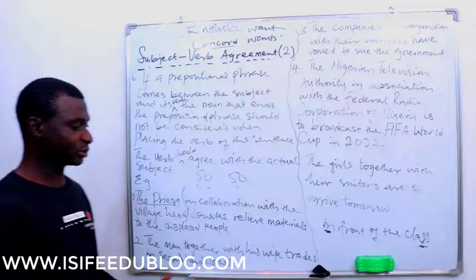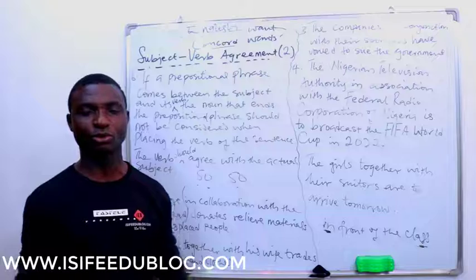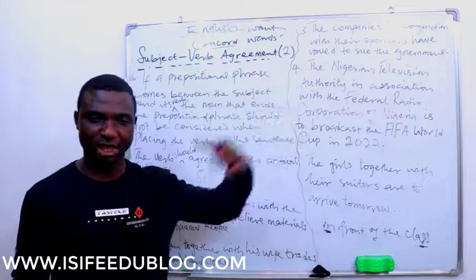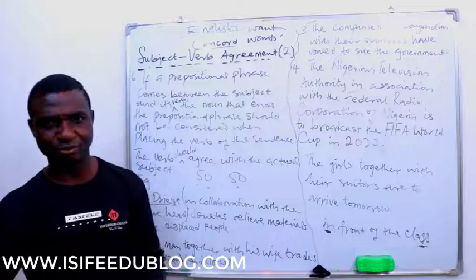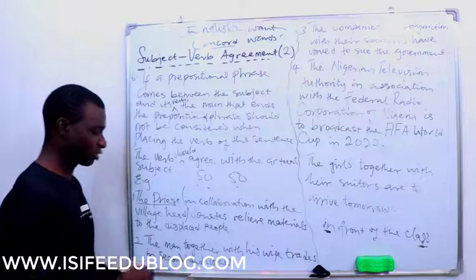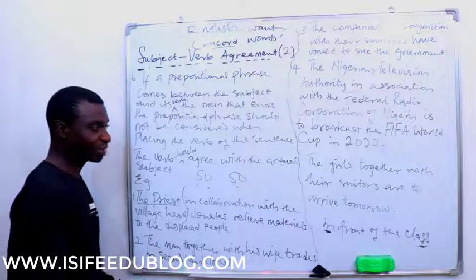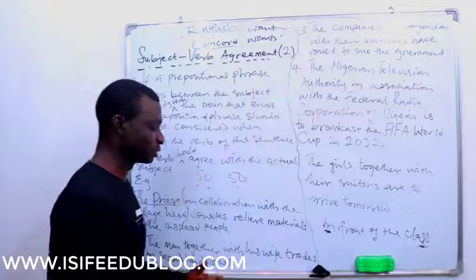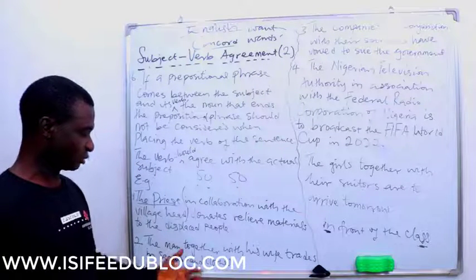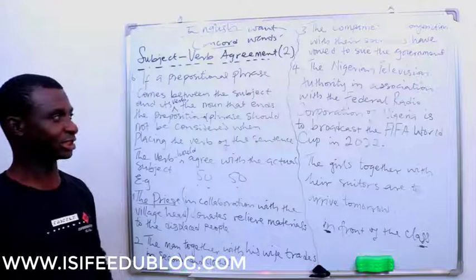Now the wife comes to stay in the shop so that the man could run other aspects of the business, like going to buy goods and going to secure loans. So the bulk of the business is done by the man. But if the man and his wife had contributed money 50-50 or so to run a business, it would be the man and his wife. That's what I want you to understand.